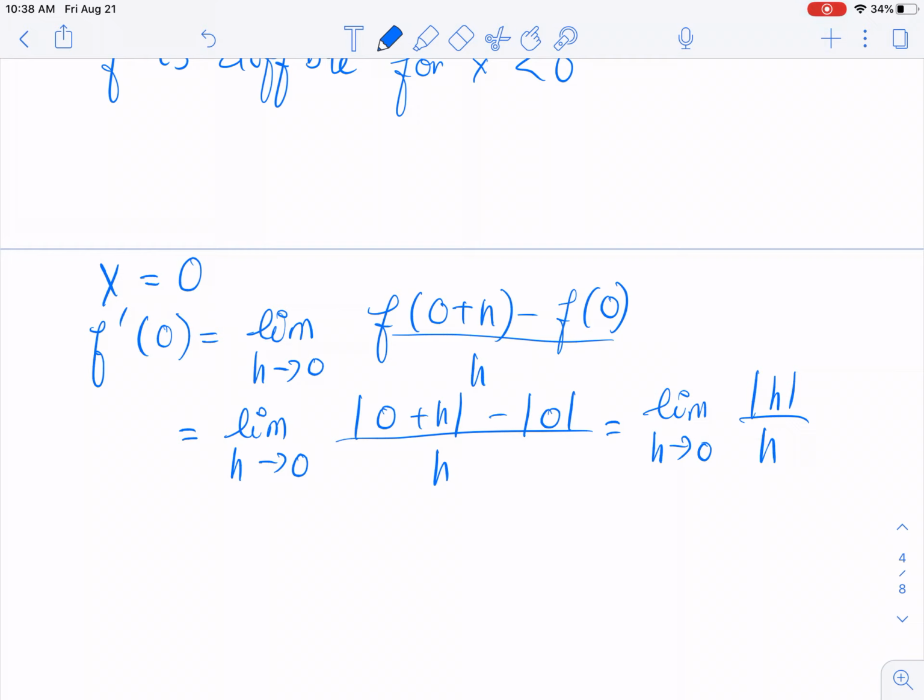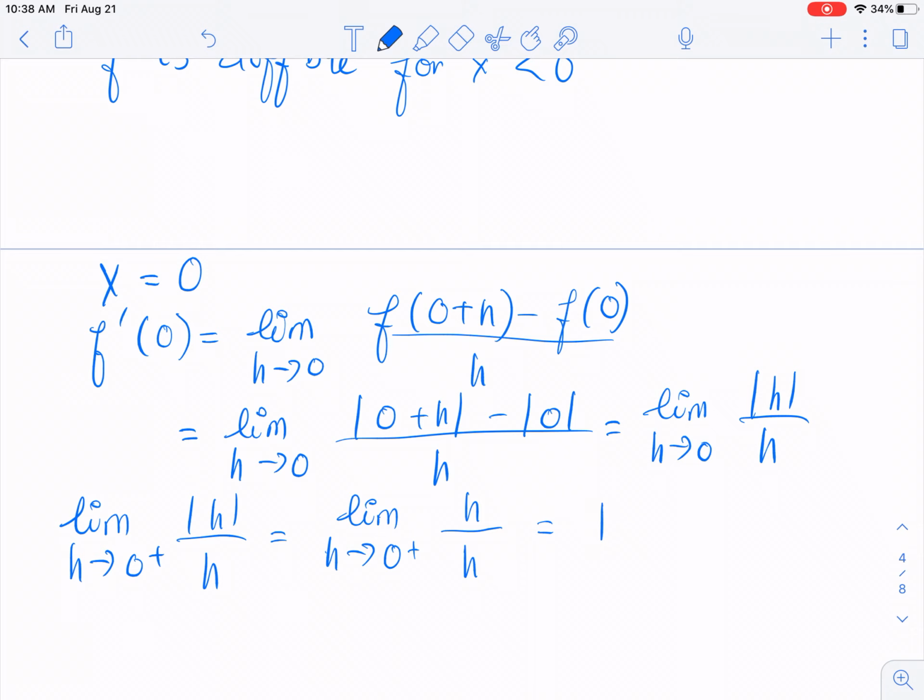So we take the limit as h approaches 0 from the right. What happens when we look at only the right? The limit as h approaches 0 from the right is positive h over h, which is 1.